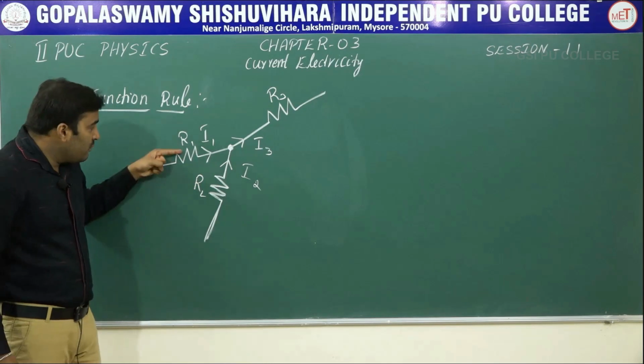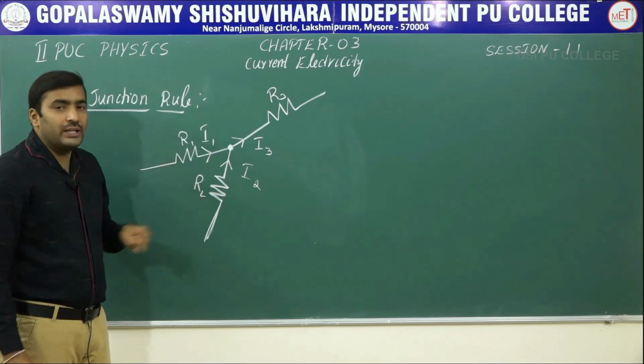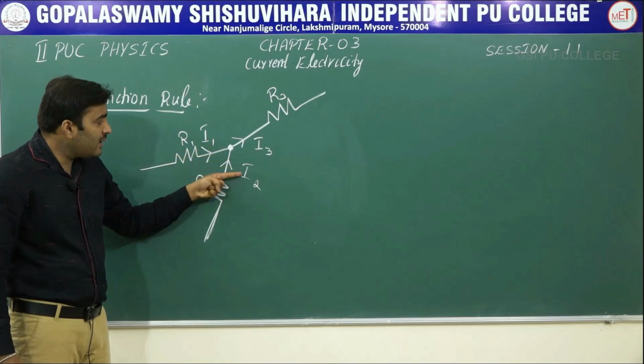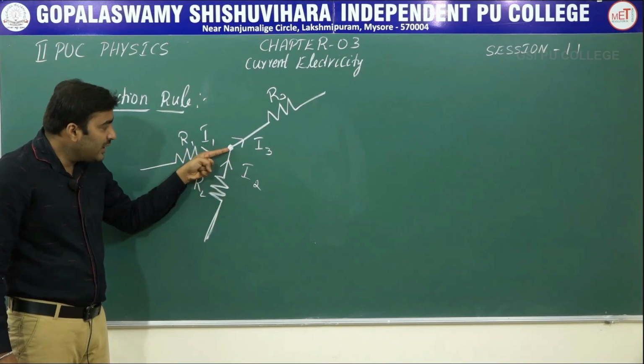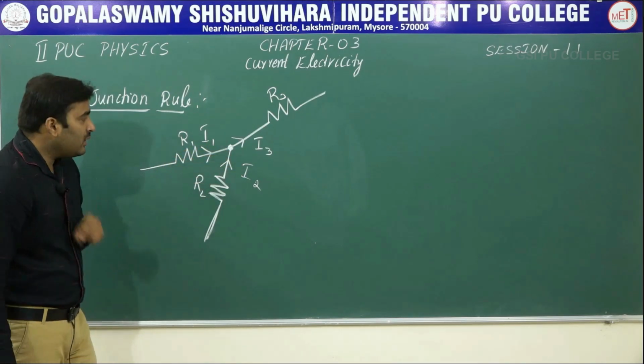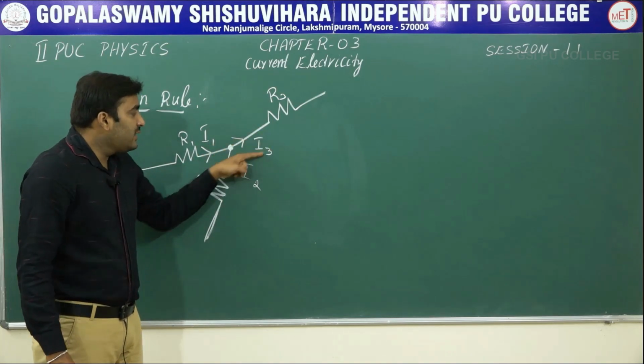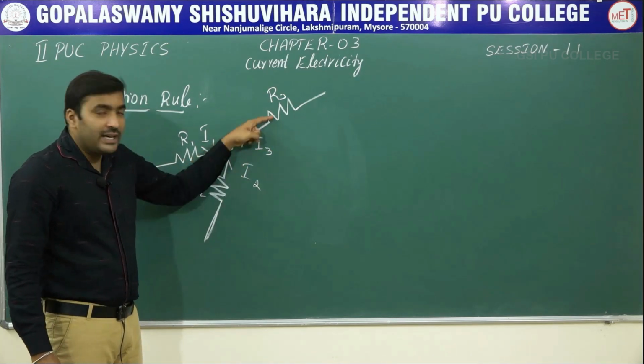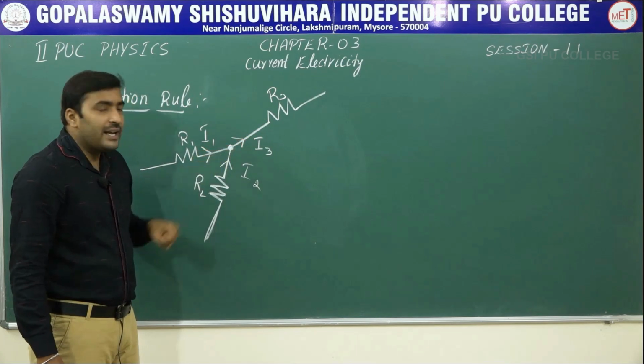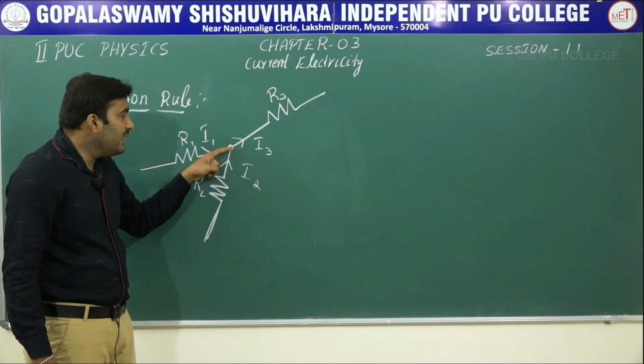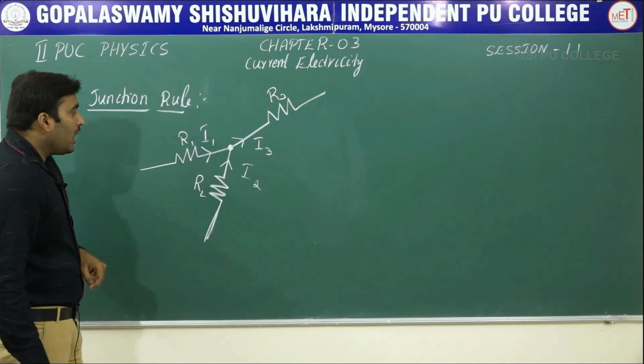Currents I1 and I2 are entering the junction, and I3 is leaving.